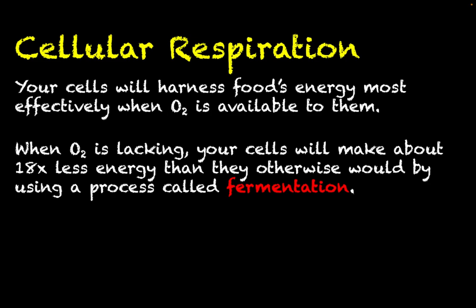When oxygen is not present, your cells can no longer go through cellular respiration. Your cells can still make a little bit of energy through a process called fermentation, but fermentation makes 18 times less energy than cellular respiration does.